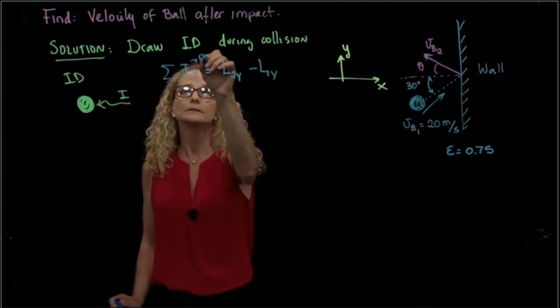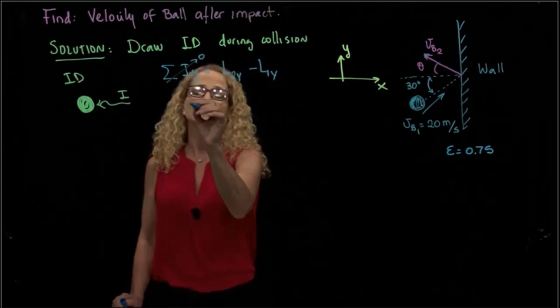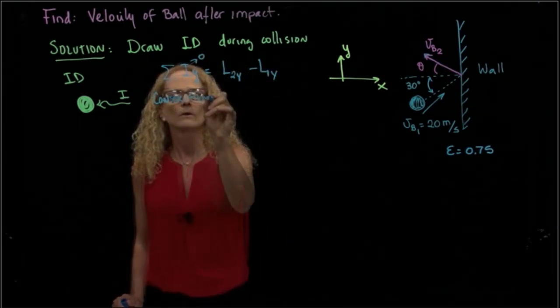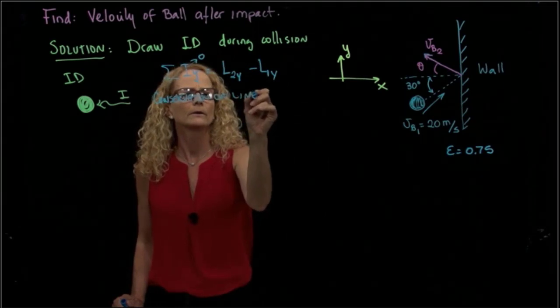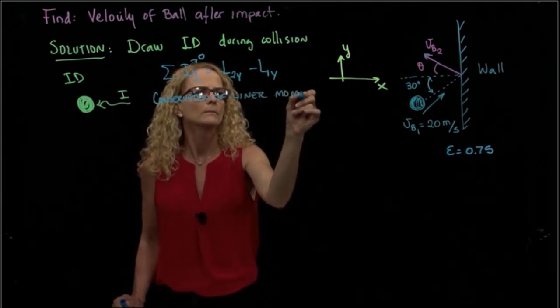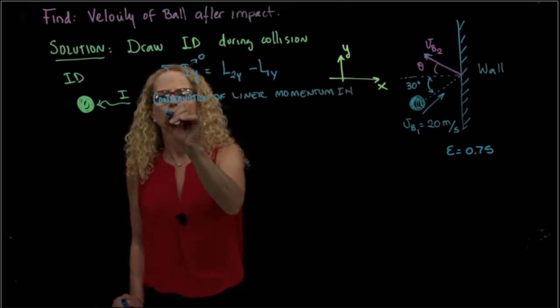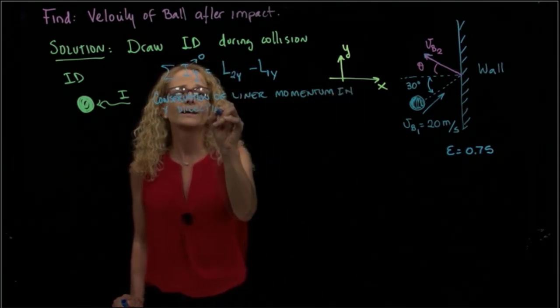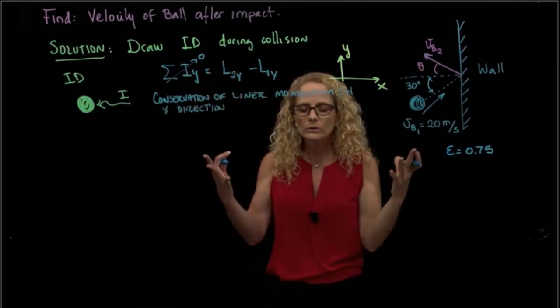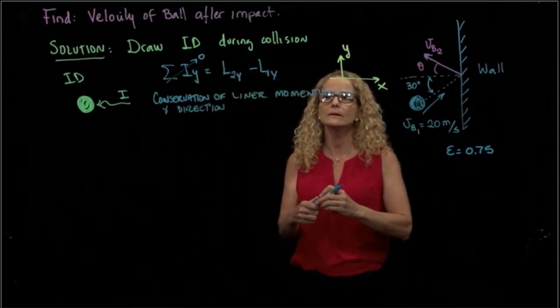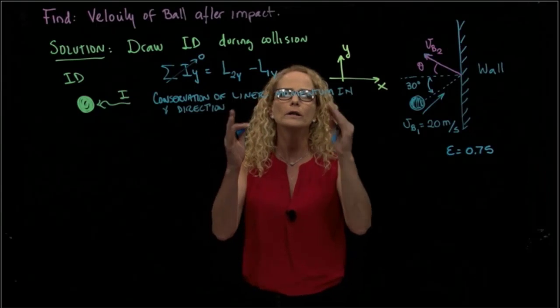So this is 0. So we can say that there is conservation of linear momentum in the y direction. We cannot say that the whole system has linear momentum conservation, only in the y direction.